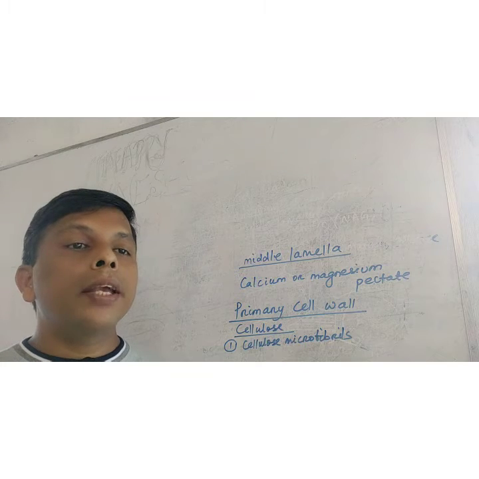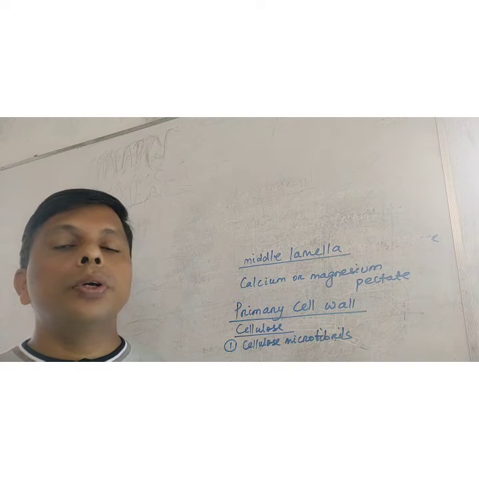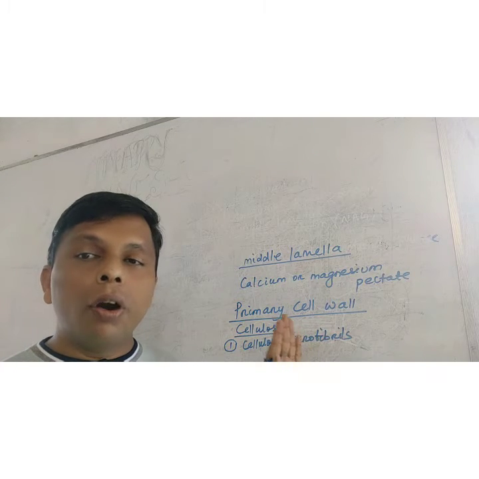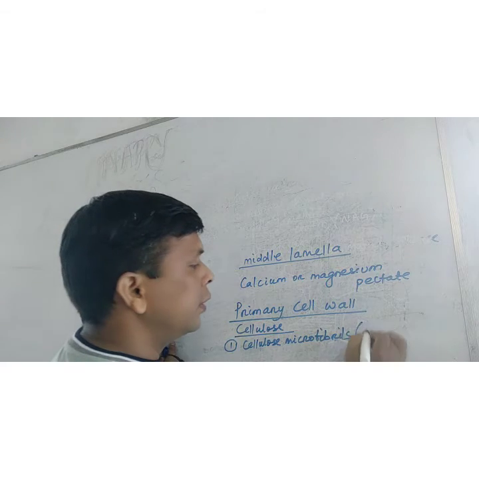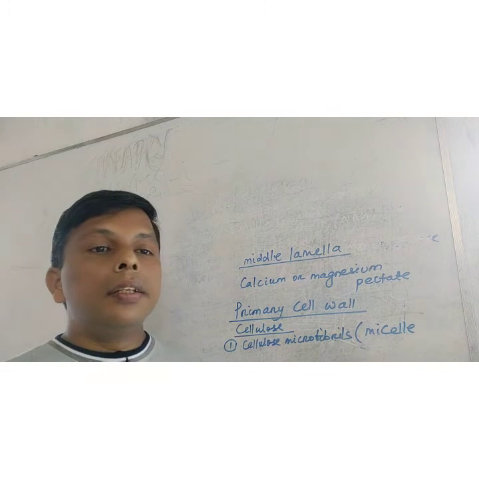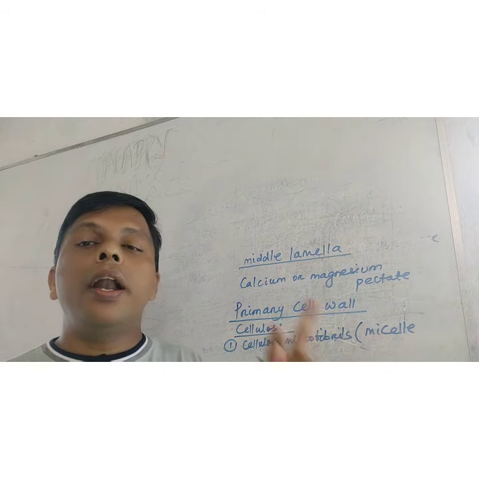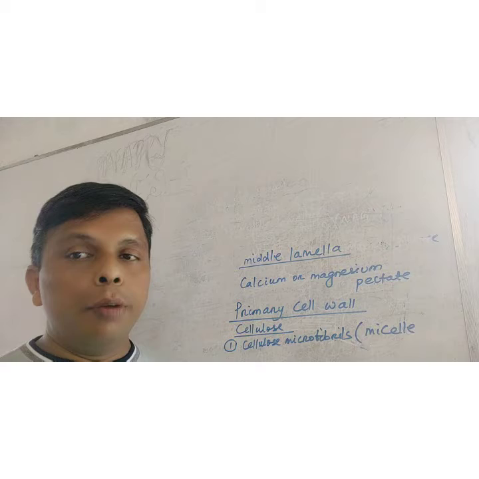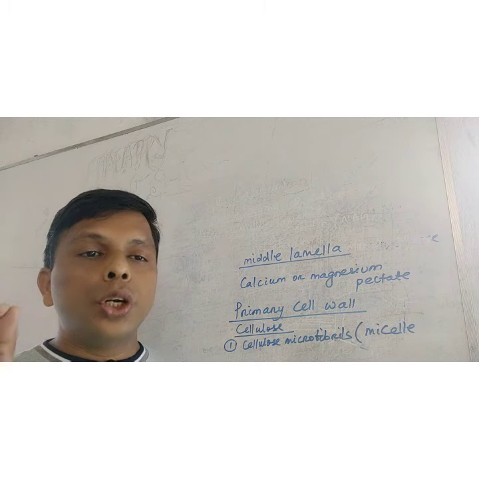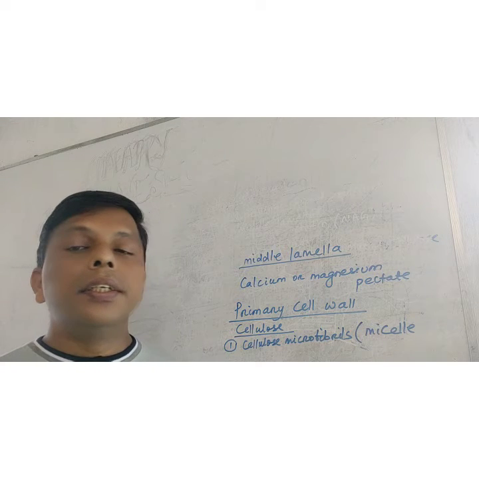These cellulose microfibrils consist of structural or elementary fibrils which are called micelles. The micelles are made of 100 cellulose chains. Remember it: one micelle, or one structural unit, is made of 100 cellulose chains.